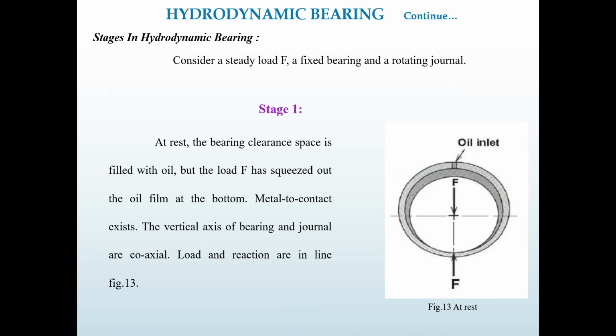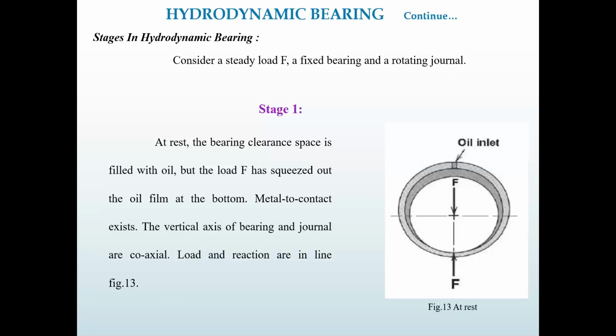At the rest condition, the bearing clearance space is filled with oil, but the clearance between the two mating surfaces is very low because there is metal to metal contact.